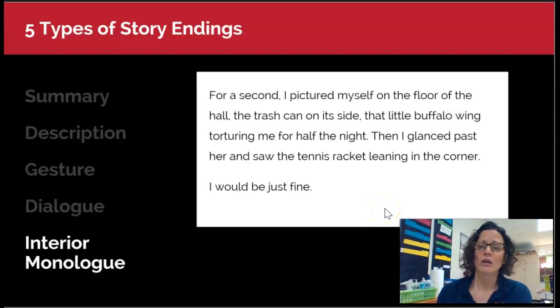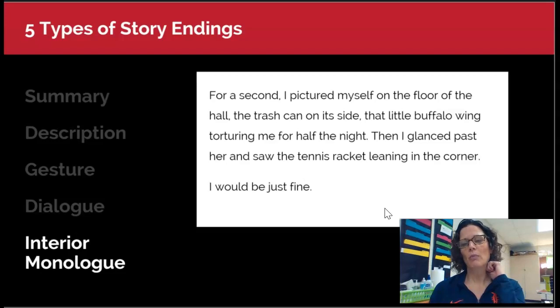Finally, a story could be ended with a few lines of interior monologuing, where we hear a character's closing thoughts. If we wanted to do this with the original ending, we could remove the last 2 lines and instead add a line of interior monologue.